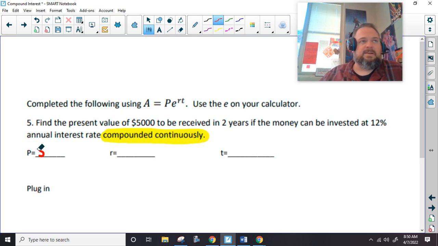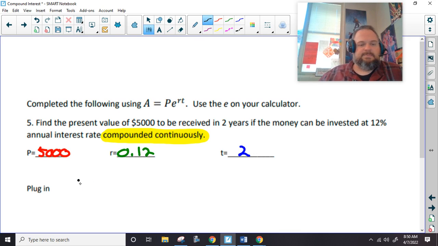We still have our 5,000. Okay. Our time is going to be 2 years, and our rate is 12%.